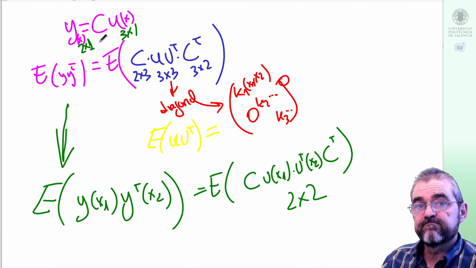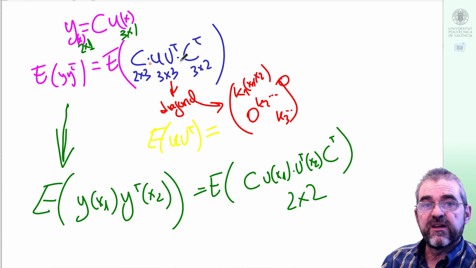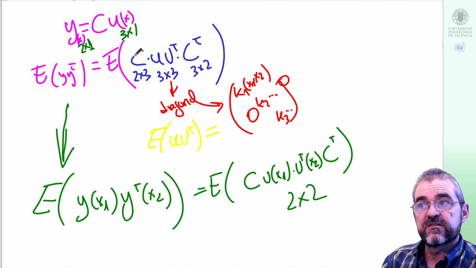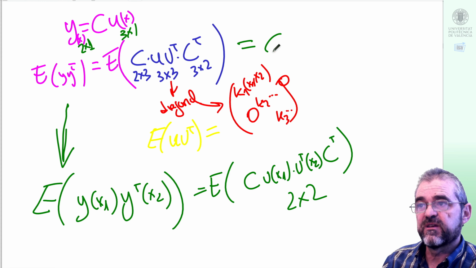If we think in zero mean, so that we don't need to bother with the mean, then if we extract the constants C and C transposed from the expectation, the expectation of u u transposed will be a big K matrix with a covariance kernel in the diagonal for each of the components, and this will be C times big K diagonal times C transposed.